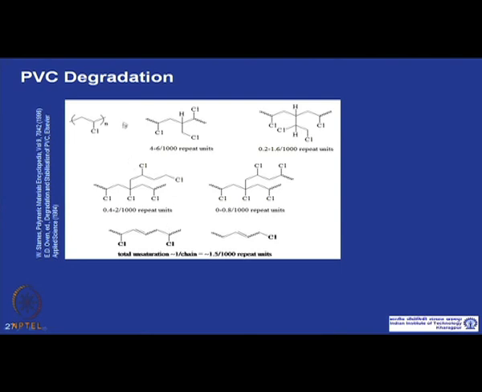Let us take an example about polymer degradation. We are discussing that polymer might degrade in presence of UV light or heat. Now, let us talk about one of the common examples of polymer degradation and stabilization, the example of polyvinyl chloride degradation.